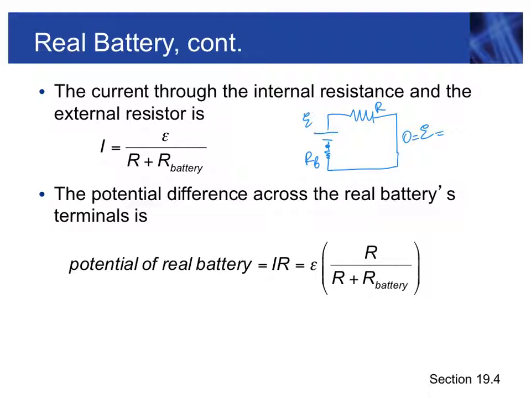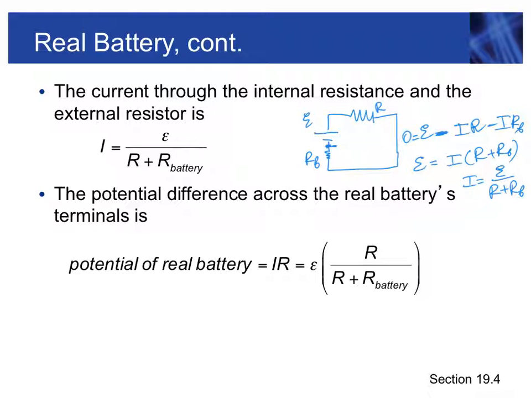So 0 is equal to EMF negative I times R, negative I times RB. That's how we can simplify it. We can write it as EMF is equal to I times (R plus RB), or the current I is equal to EMF divided by (R plus RB). R is the external resistance, and RB is the internal resistance of the battery.